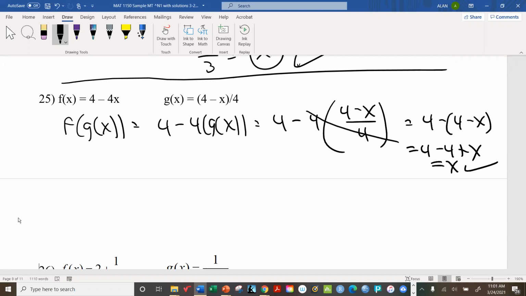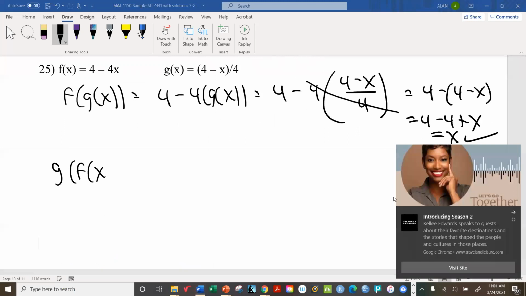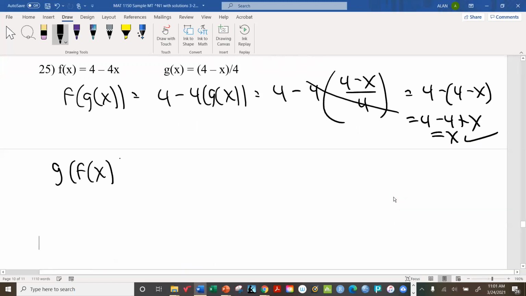All right, now we have to go the opposite direction. So we start with g of x. g of x is 4 minus x, so this becomes 4 minus f of x over 4.